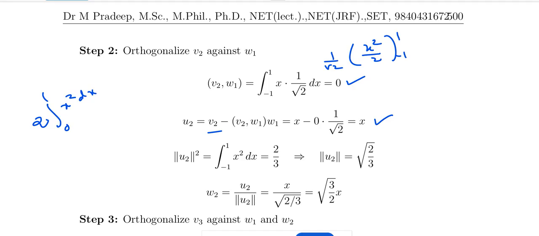Applying the limit, x cube by 3, with the 2 already outside, upper limit 1 gives 1 by 3, so 2 by 3. So the norm of u2 square is 2 by 3, and the norm of u2 equals root of 2 by 3. So w2 is constructed as u2 by the norm of u2, that is root of 3 by 2 times x.